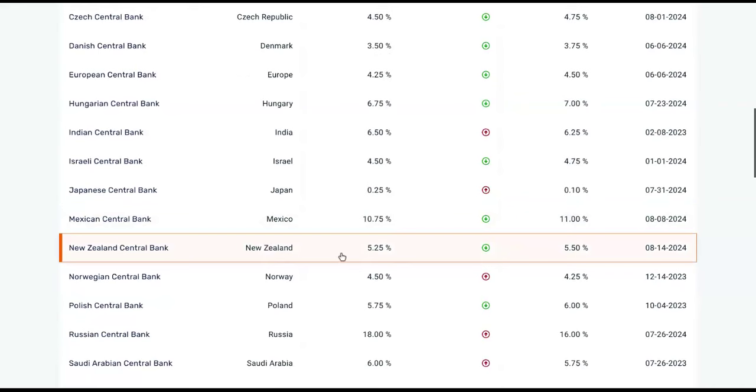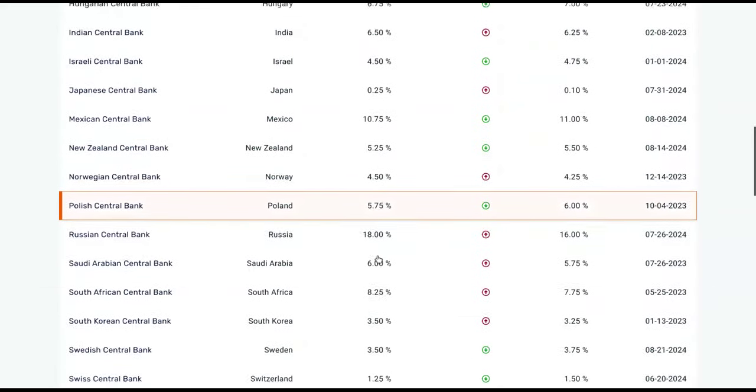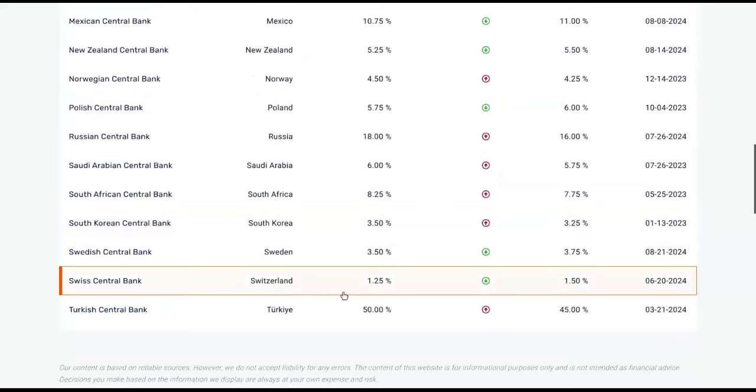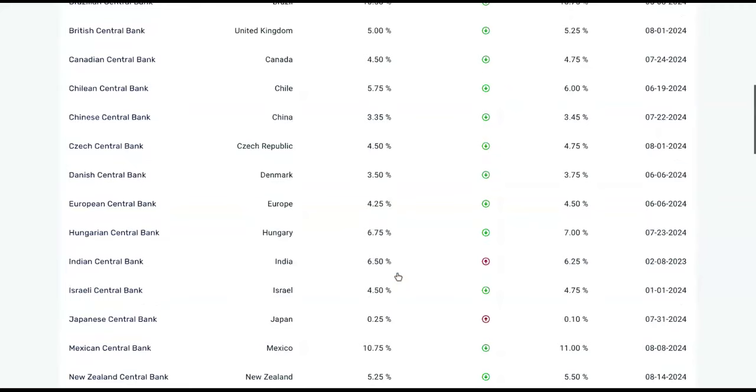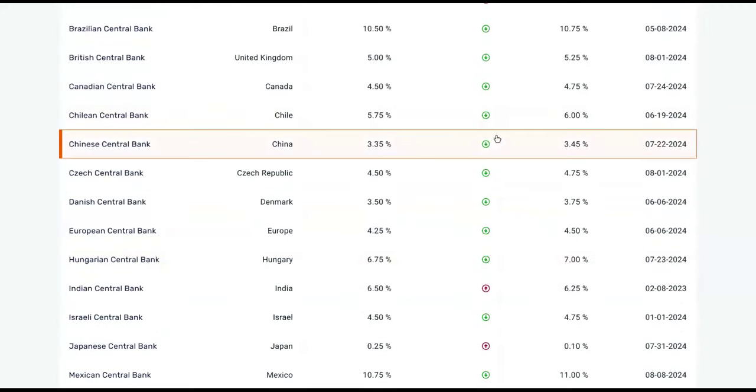Mexico, forget. New Zealand, right? The Reserve Bank, I think the acronym is RBNZ, whatever. 5.25. What else are we looking at here that's important? Swiss, right? Swiss bank, 1.25. So when it comes to the yen crosses, anything compared to the yen, there's a huge interest rate differential, pretty much.